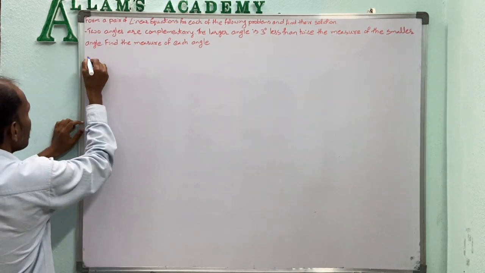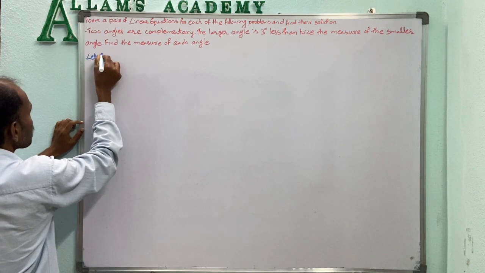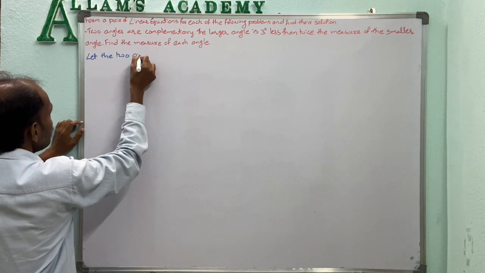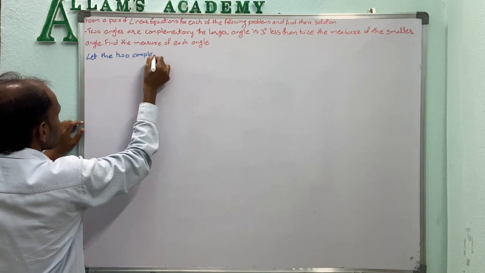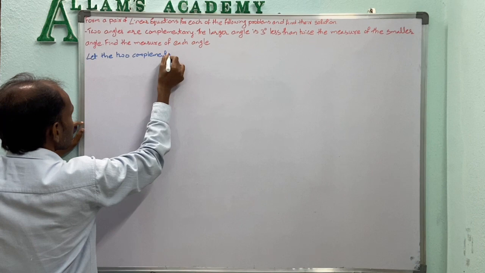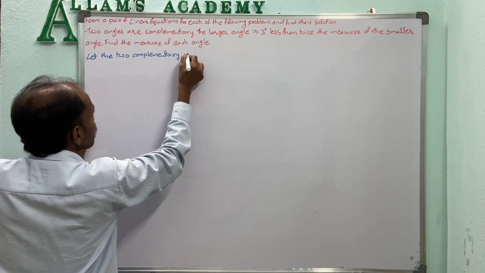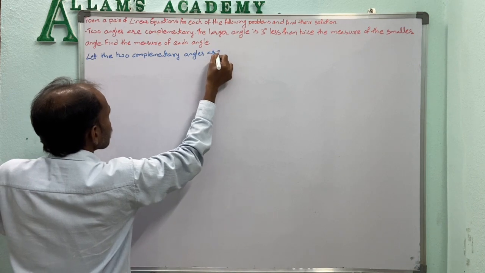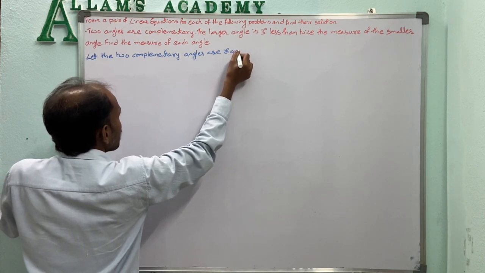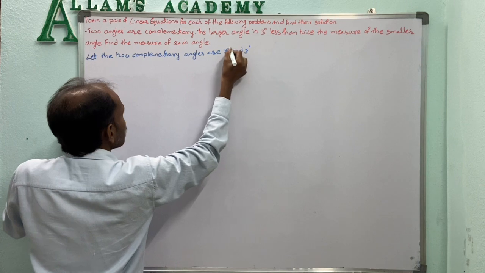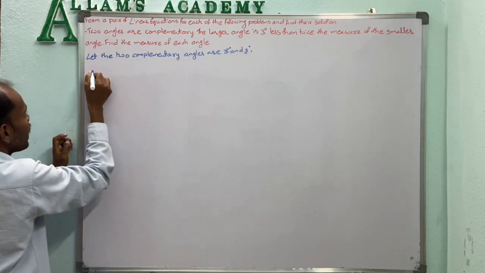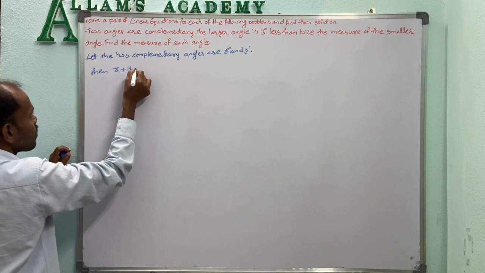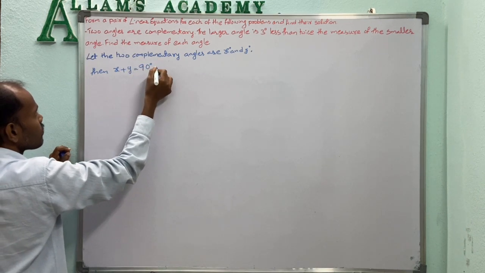So now, let the two complementary angles be x and y degrees. Then we can write x plus y equals 90 degrees.